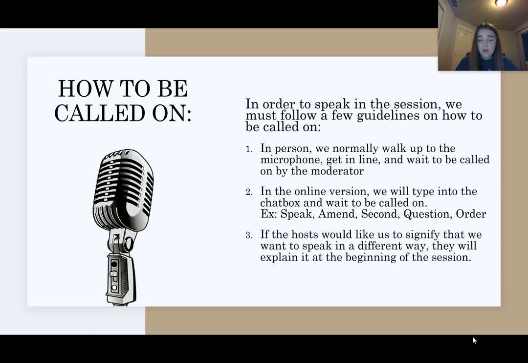So we'll type a word into the chat box, wait for the moderator to call on us specifically, and then we can start talking. However, if something is changed and we're not going about it this way, the hosts will let us know at the beginning of the meeting how we need to signify we would like to speak. And then from there, it will have the same procedure. So we'll wait to be called on and then we'll start speaking.